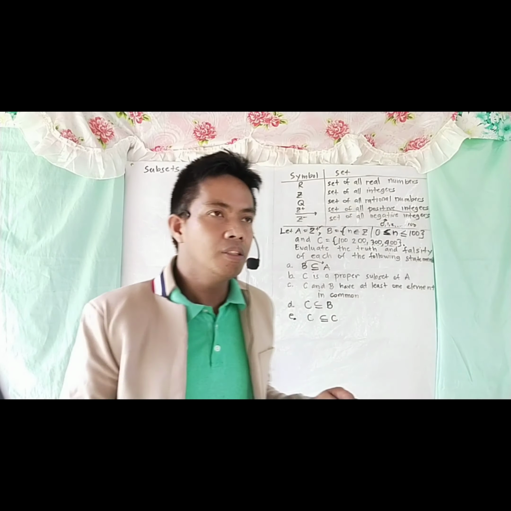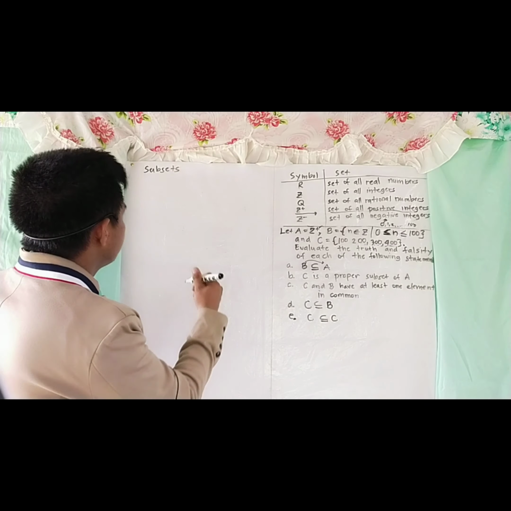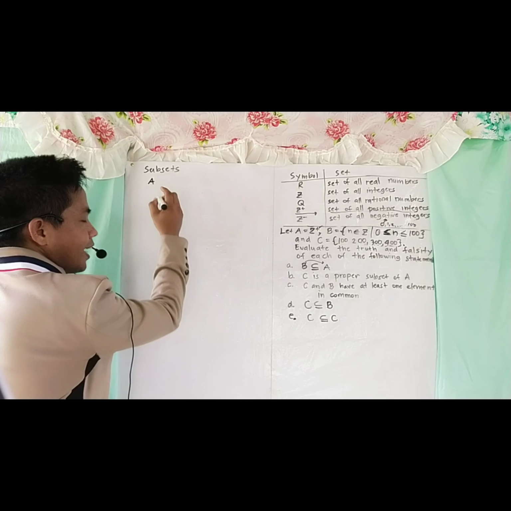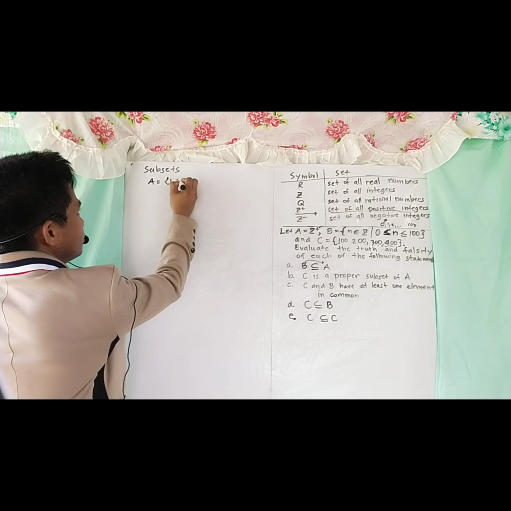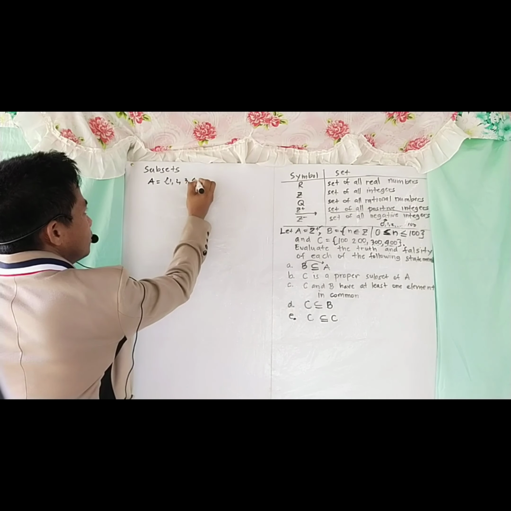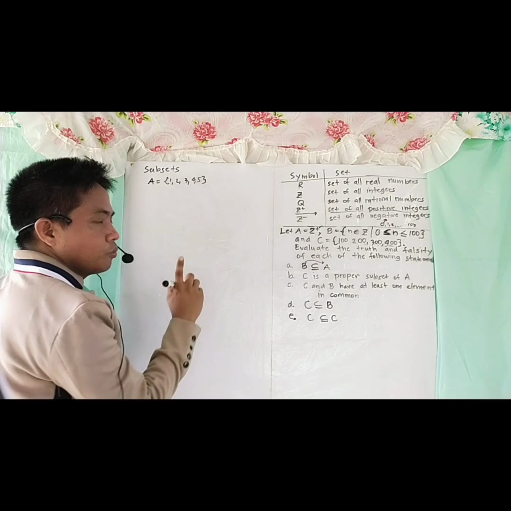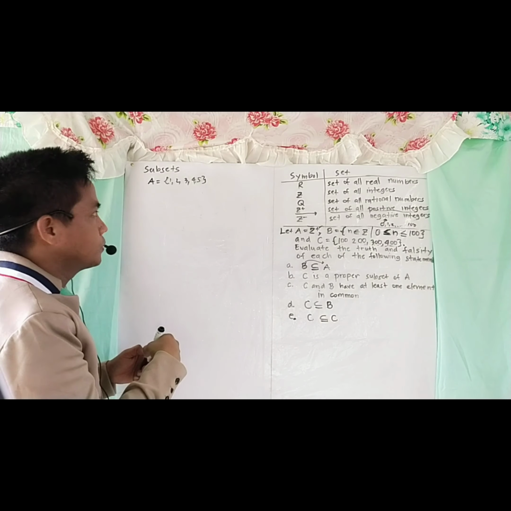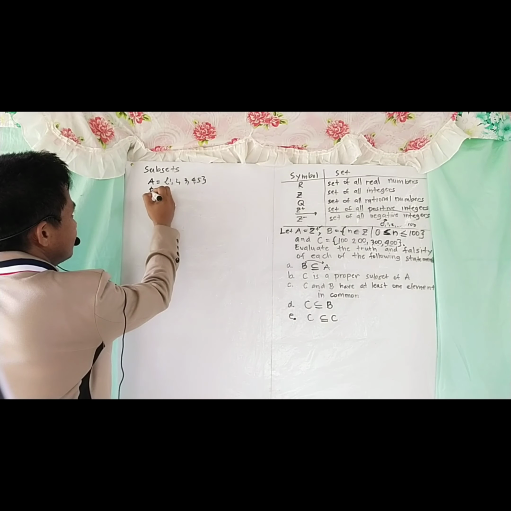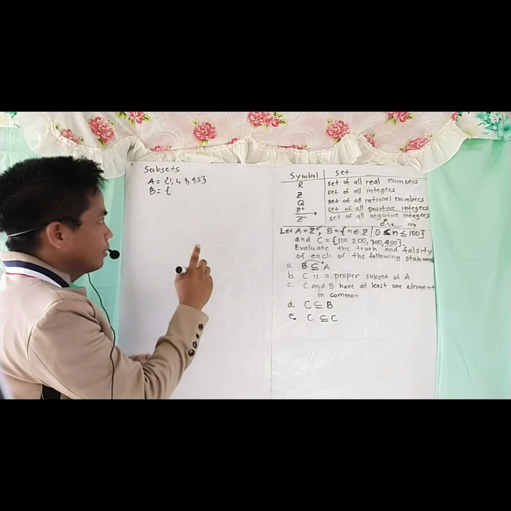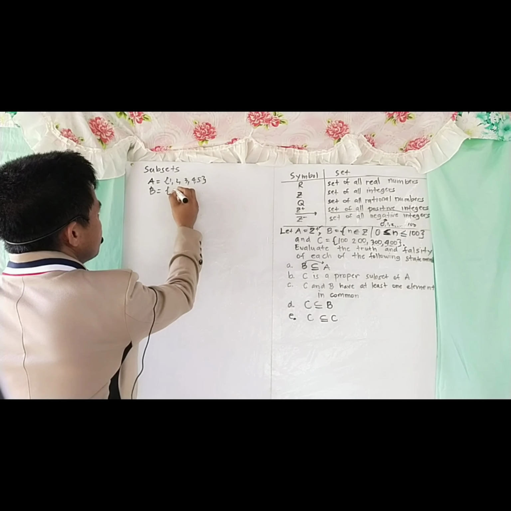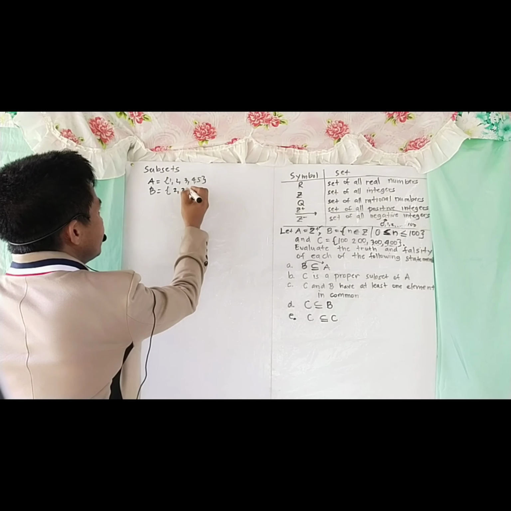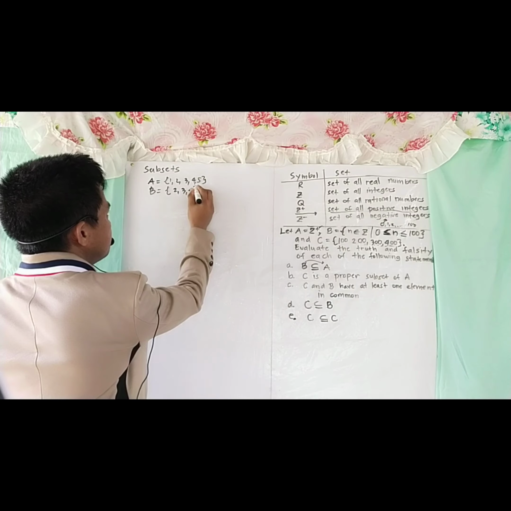For example, we have set A. Set A has the following elements: 1, 2, 3, 4, 5, the first 5 counting numbers. Let's have set B with the following elements: 2, 3, 4.